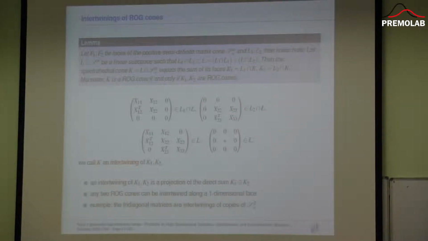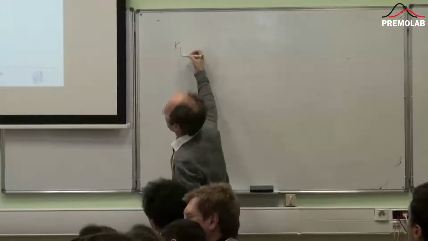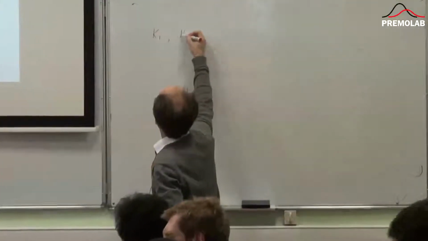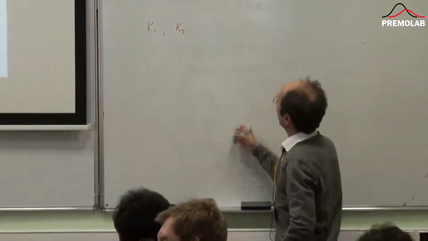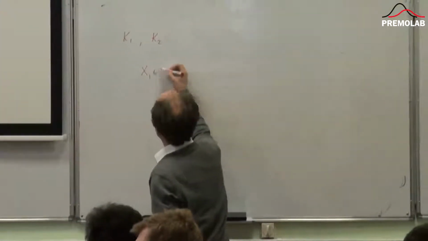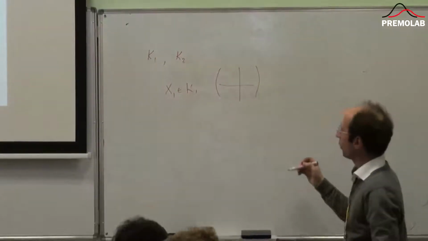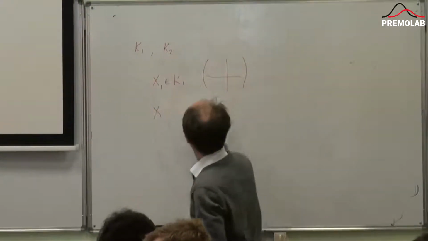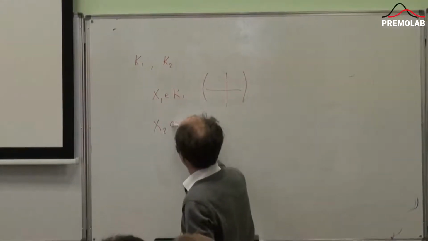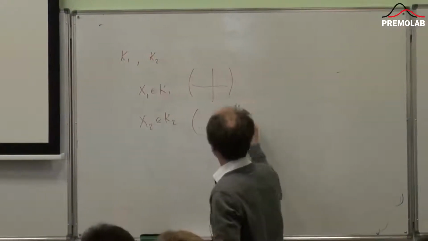And this happens essentially in the following way. Let cones K1 and K2 be given, where x1 in K1 is partitioned in some way in 2 times 2 blocks, and x2 also.